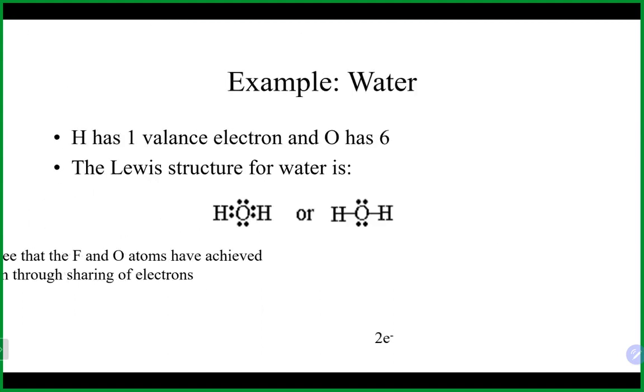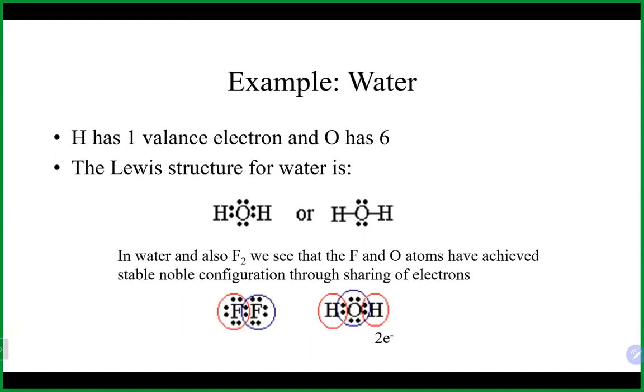So if we look at water, here's the Lewis structure for water. In the case of water, what we have here is the sharing of electrons that allows all three elements in water to reach noble gas configuration.